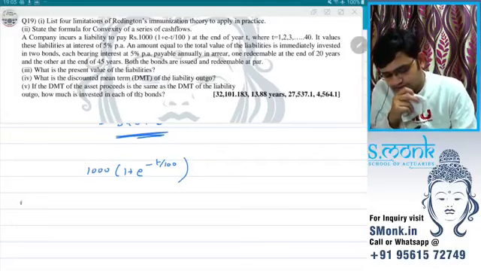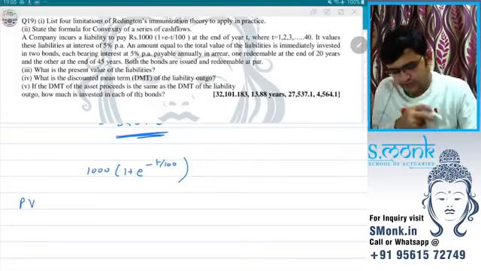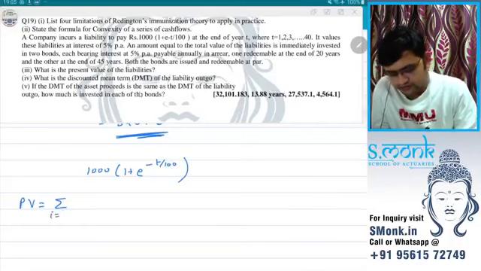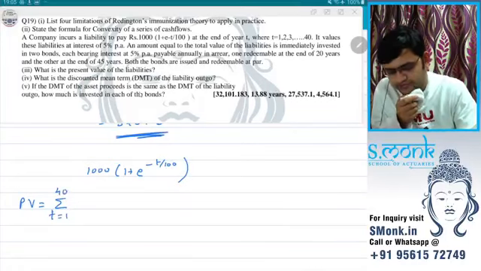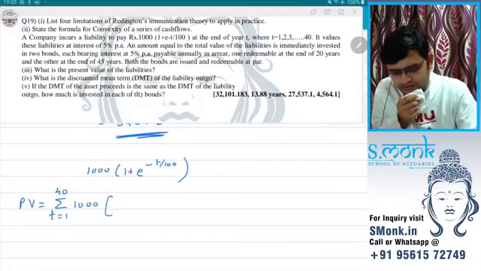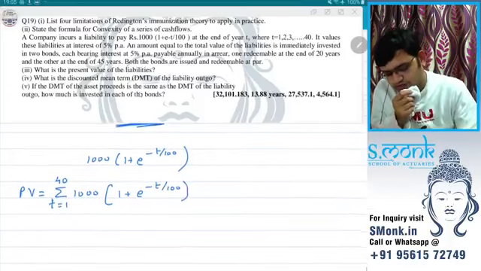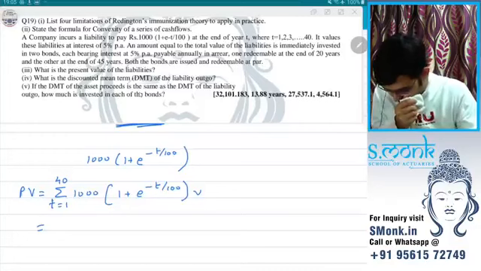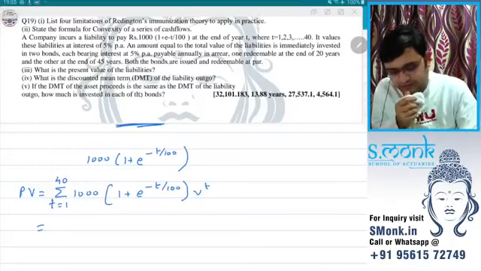So if I say present value, what will I have? We'll have summation t going from 1 to 40 of 1000 (1 plus e raised to minus t by 100). I will also discount them, right? Discounting v raised to t.